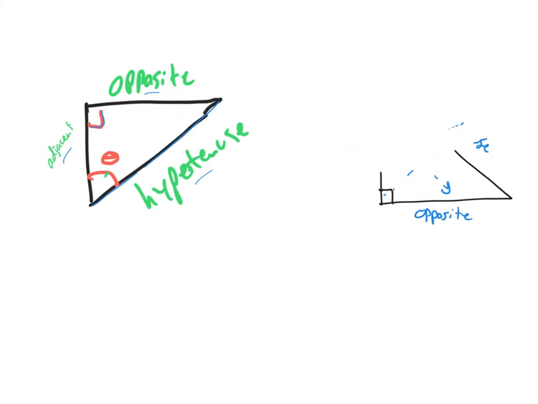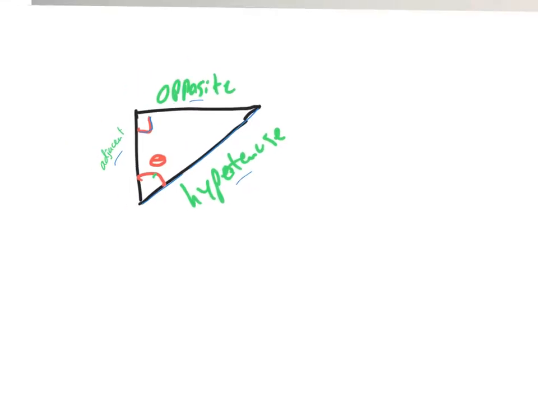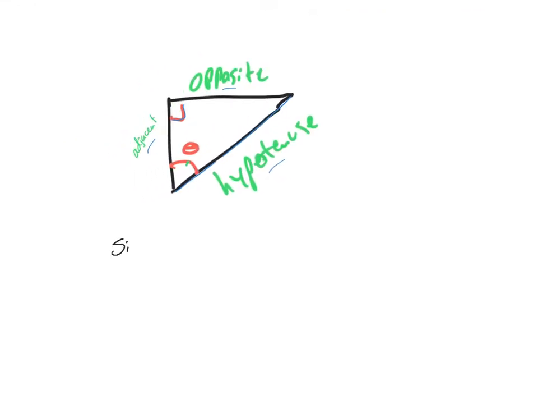So let's take that idea and look at the basics of sine, cosine, and tangent. With sine, if you're talking about the sine of any angle, this is just the decimal that you get when you take the opposite side and divide by the hypotenuse.